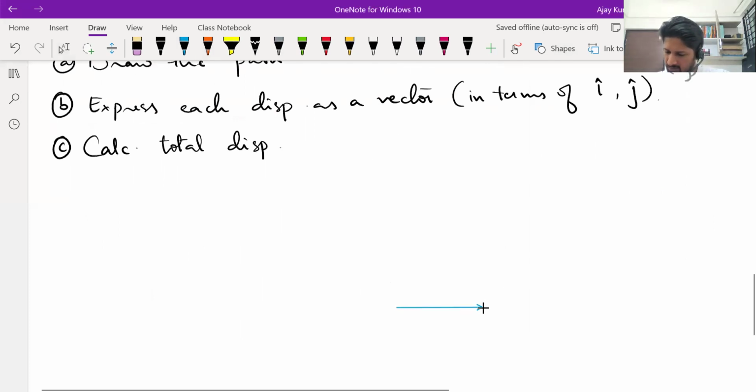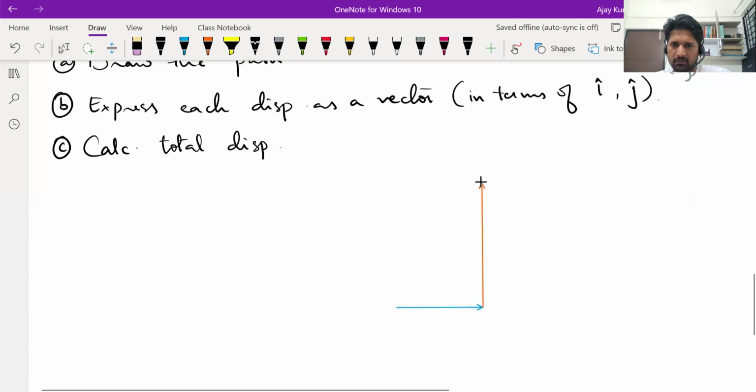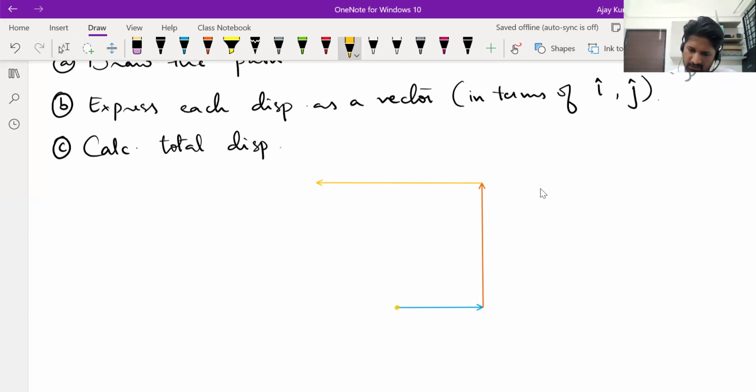After the 5-meter displacement ends, the 8-meter displacement begins, so the diagram goes like this. Then 11 meters due west. West is to the left as seen from our point of view. And 11 should be longer than 5 and 8. So this is what the person has done. Let's call these points A, B, C, and D.